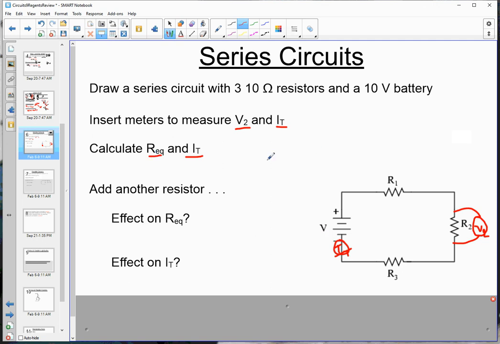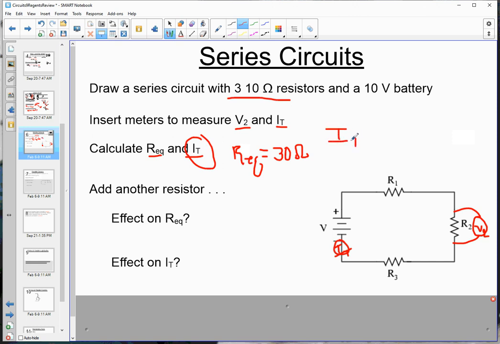Now, calculating REQ, the rule says that REQ is R1 plus R2 plus R3, and we have 3 10-ohm resistors in series. So our equivalent resistance, in this case, will be 30 ohms. And now if we want to calculate the total current, I know all the currents are the same, but we don't know any of the currents. So we need to calculate, and we do that with Ohm's law.